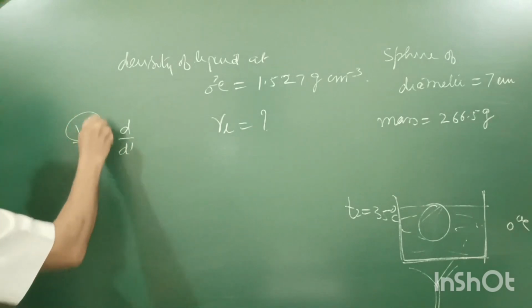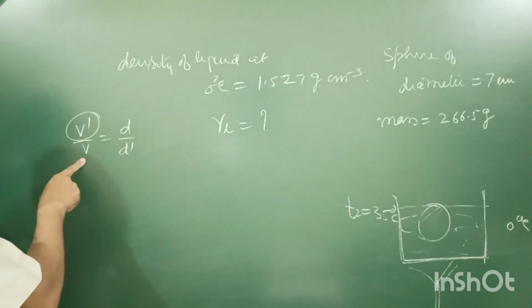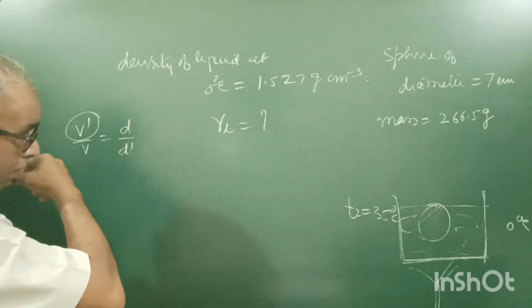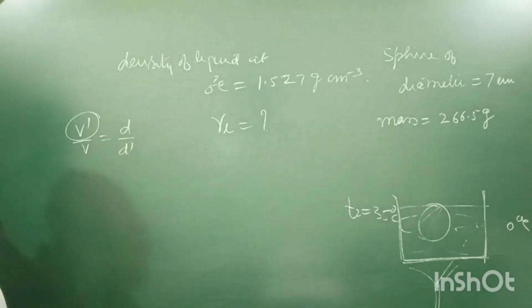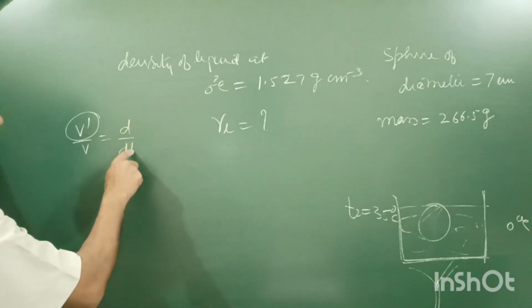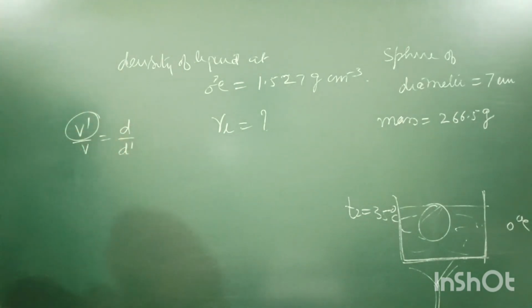V dash is the volume inside, V is the total volume, D is the density of the body, D dash the density of the liquid.